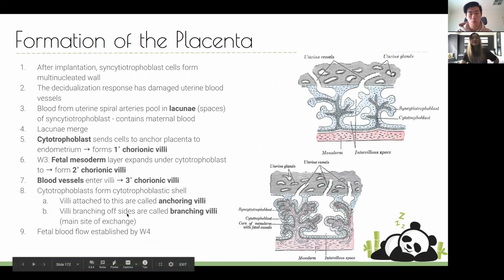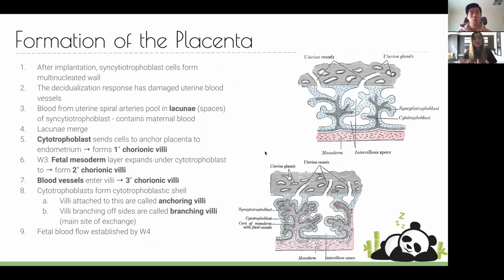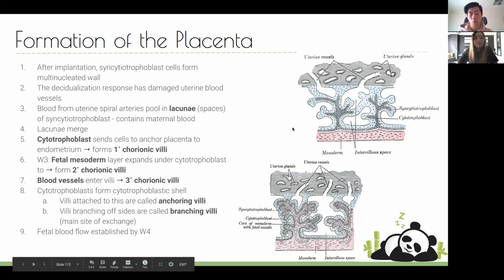So formation. Remember, we've implanted, we have our cytotrophoblast and our syncytiotrophoblasts, and the syncytiotrophoblast cells have undergone decidualization, and that has allowed the burying of the blastocyst underneath and into the endometrium. So now we're going to form the placenta.